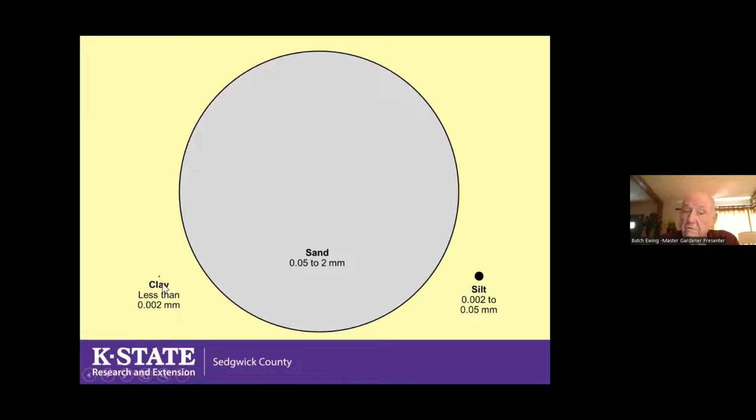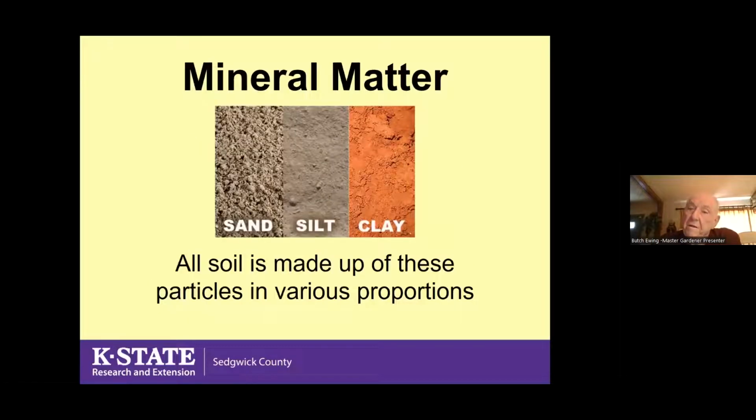The clay particle would be just barely the size of a pinhead, if that large. So this size differential between these is an important thing to understand, because they will determine how our soil is going to perform in a lot of ways.